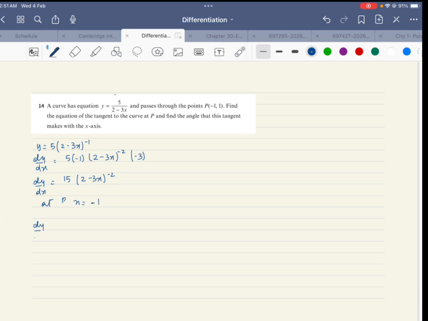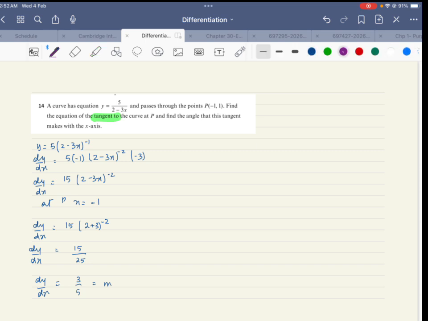Put it in dy by dx: 15 into 2 minus 3 into minus 1, which is plus 3, to the power minus 2. This equals 15 upon 5 square, which is 25. dy by dx equals 3 upon 5, and this is the same gradient that we are going to use for the tangent.